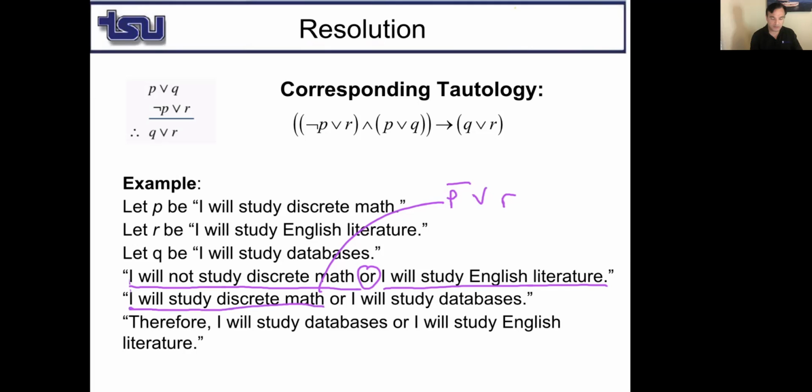I will study discrete math is what? P. I will study databases is Q, and I have or. As you see here, premise 1 and premise 2, therefore we can conclude that Q or R, and Q or R is what? I will study databases or I will study English literature, okay?